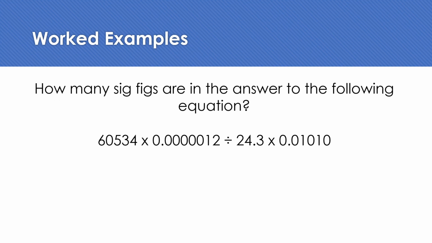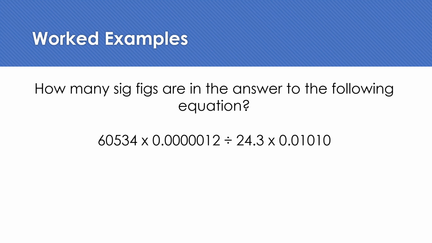How many sig figs are in the answer to the following equation? Now, it's multiplication and division, so I evaluate the number of significant figures in my starting equation, and whichever value has the fewest is what determines how many I'm allowed for the answer. So, 60,534 has 5 significant figures. 0.000012 has 2 significant figures. 24.3 has 3 significant figures.